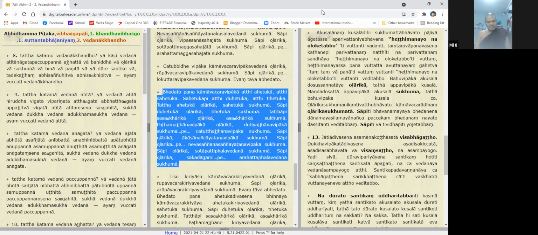So Arupajara Vibhaṅga compared to Lokottara Vibhaṅga, they are Olarika, and Lokottara Vibhaṅga is Sukkuma. So Lokottara Vibhaṅga is also analyzed up to Arahattaphala Vedana Sukkuma. So easy to understand. So we go to Tisu Kriyasu, the next paragraph.